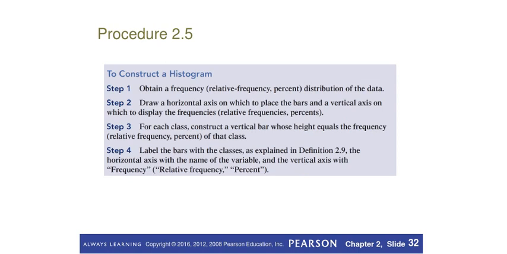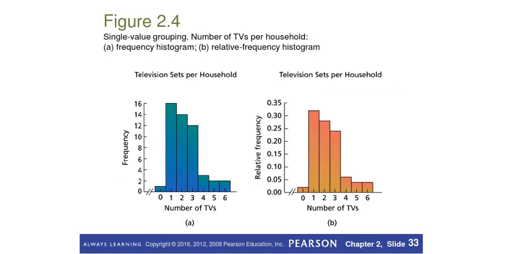We have that TV data, you'll recall, in the television sets per household. And when we counted the frequencies, remember, we said the number of households that had one TV, there were 16 of those, right? So we see that the height of the bar right here, in our histogram, is 16.